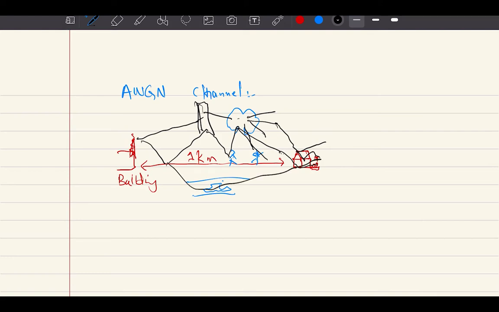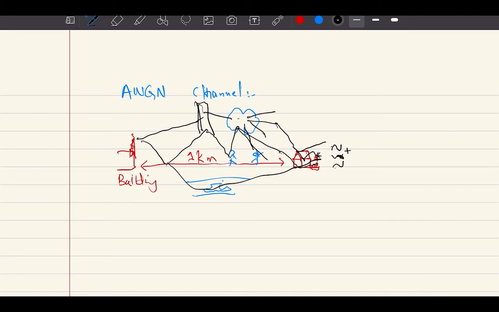A lot of replicas of the same signal are reaching this person. If this signal is out of phase with the other one, they will cancel each other. But these two are of the same phase, so they will add up. This is called fading.